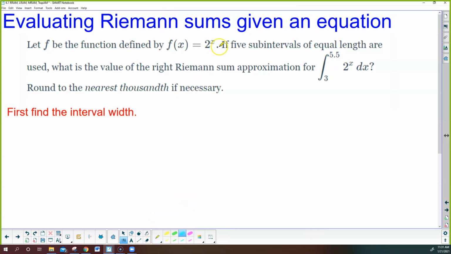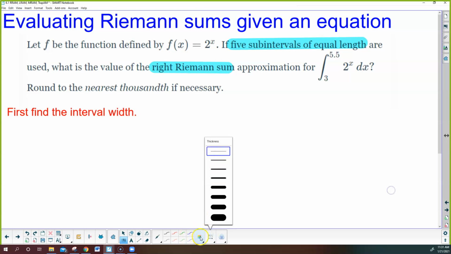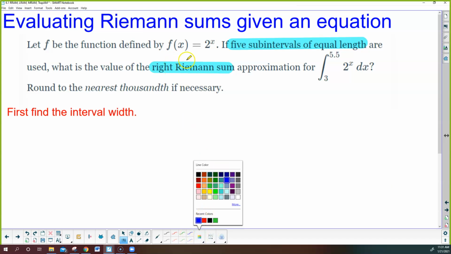That's the important part. So they're telling me what to divide this up into. And then they want me to use the right Riemann sum. Okay, so right away when I read that, I'm thinking I want the endpoints to be on the right-hand side.